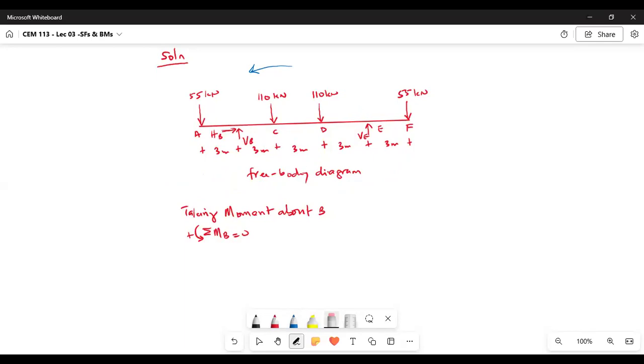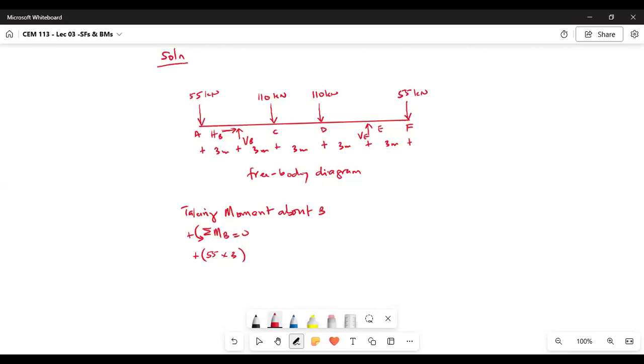Okay. So I think that everything is clear now. So let's see how we're going to have it. First of all, you start from the extreme end of the beam so that you don't miss any of the load. So we have 55 times a distance of 3, and as we saw, this will be anti-clockwise.